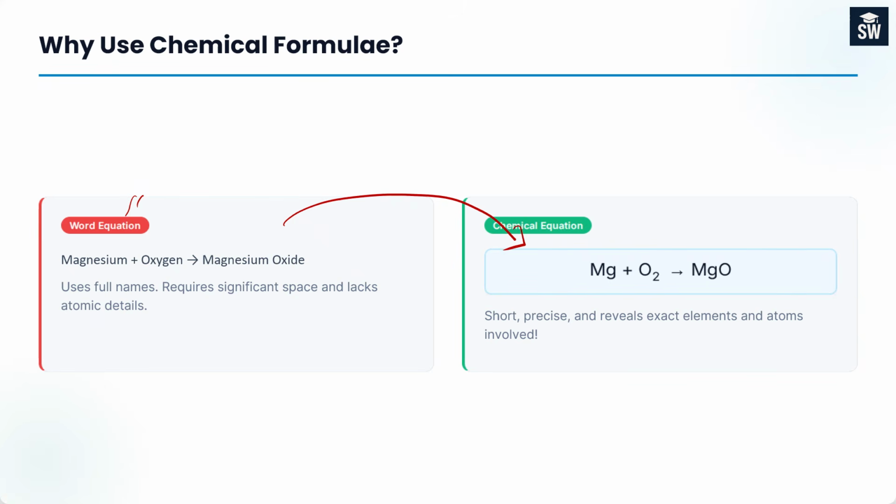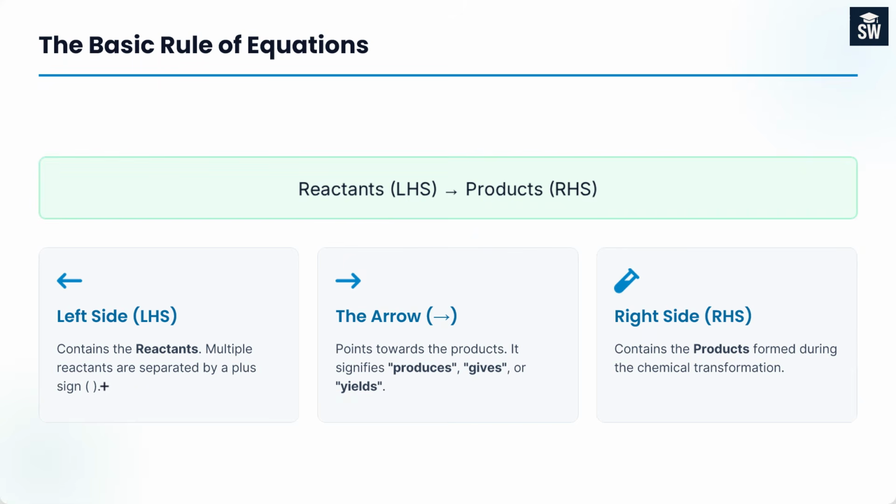So this is the word equation, and this is the chemical equation, where you have to use the symbolic form of the elements as well as their atomic nature. After that, basic rules for equations.